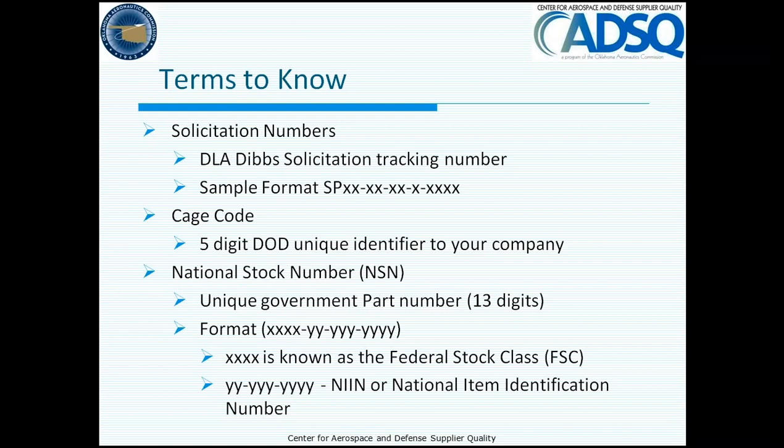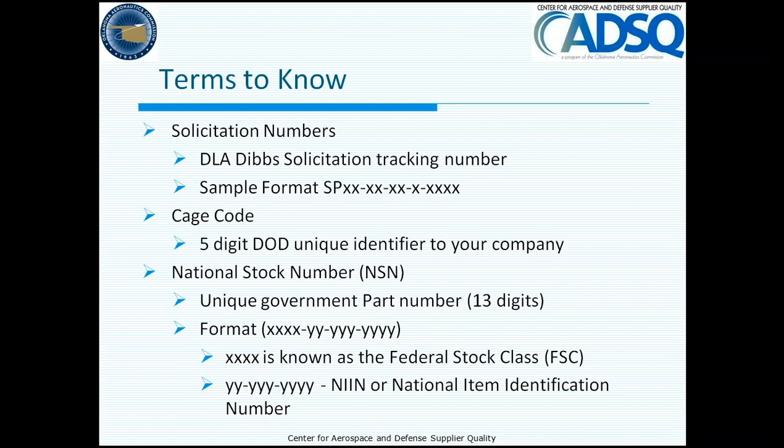That national stock number is broken into 2 sections. The first 4 digits are known as the federal stock class. The government classifies all of the items into different classes, and I'm going to show you those classes in a minute. If you're buying an airplane part, it's in a 1560 category, and if you're buying farm machinery, it'll be in a different stock class, with different first 4 digits.